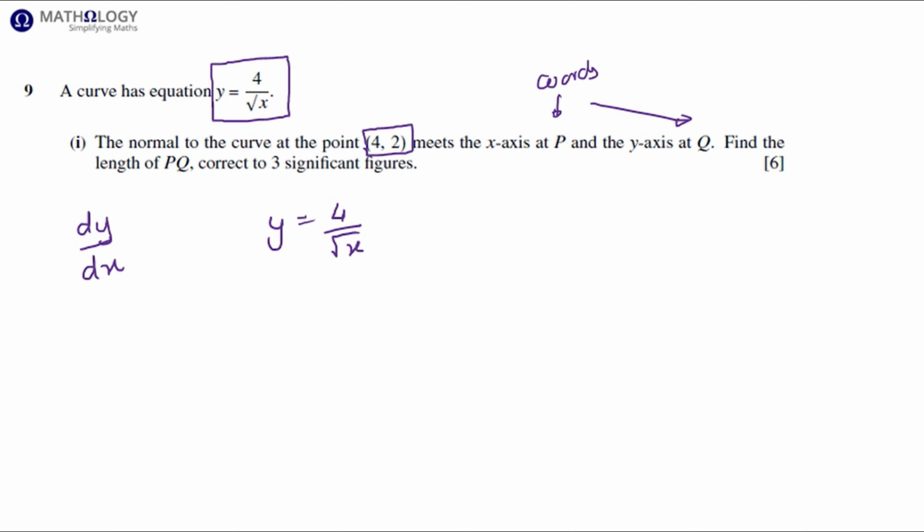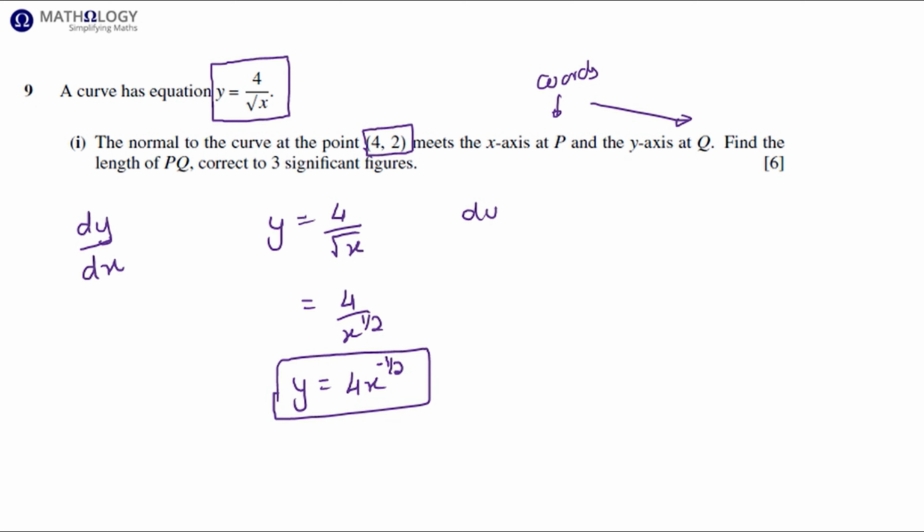In order to find an expression for dy/dx, we need to get the curve into differentiable ready form, right? So the first thing we are going to do is just write this as a power, so it's 4 over x to the half, which is written as 4x to the minus a half. This is now in differentiable ready form. We're now going to find an expression for dy/dx, right?